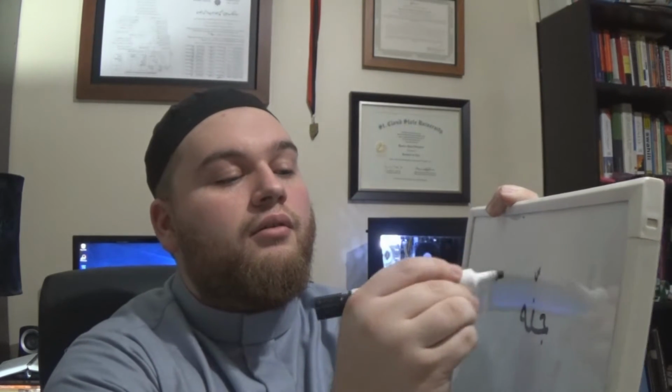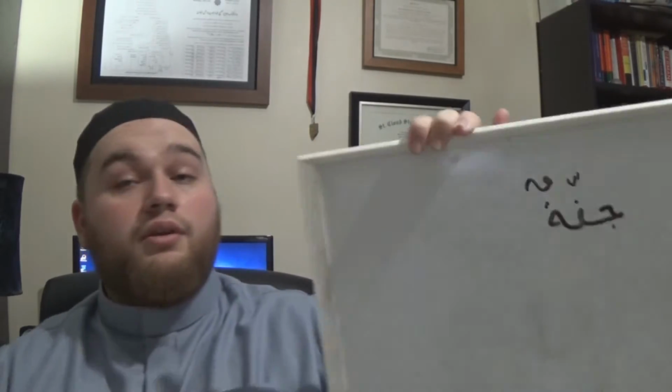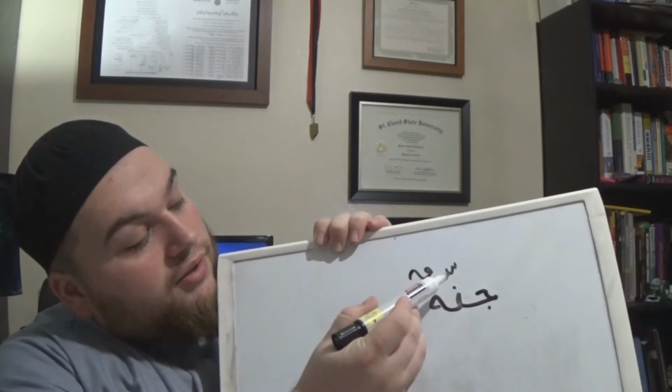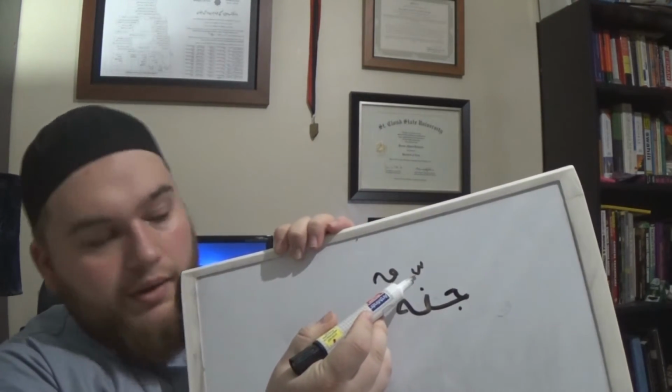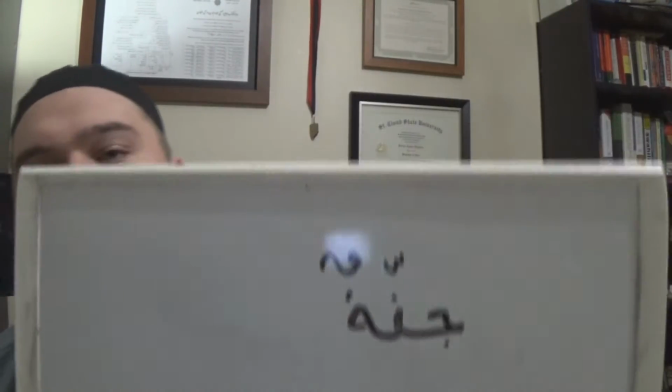So let's look at some other vocabulary that's pretty common, and I'll try to give you some classical things just to start out with right away. So here we have jannatun, and you can see this here is called a dhamma, which means you're going to hold that consonant longer.